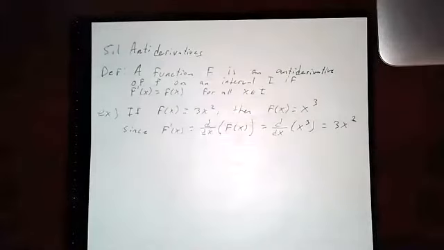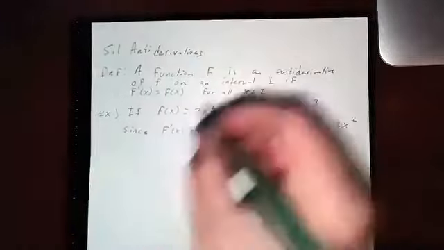Okay. Quick question here. If I have 4x squared, would the antiderivative be x to the fourth? Sorry, if I have 4x cubed, would the antiderivative be x to the fourth?